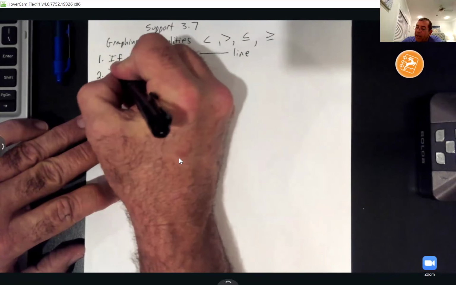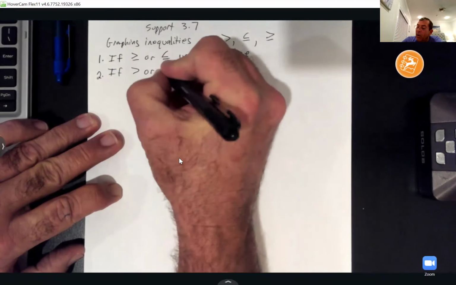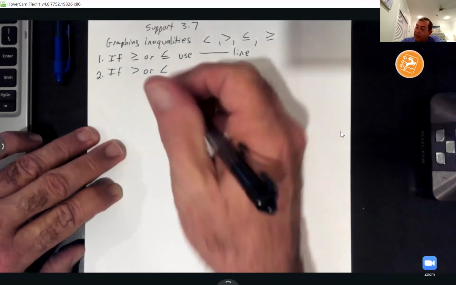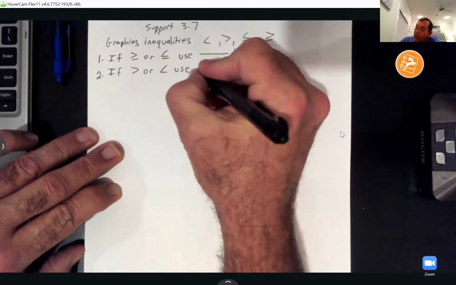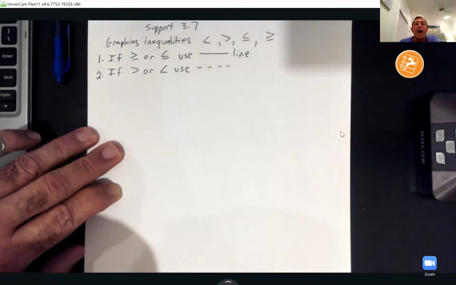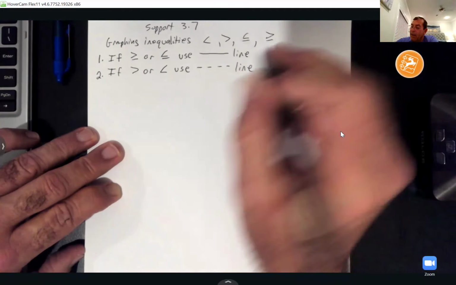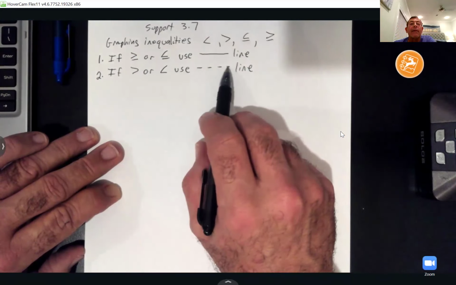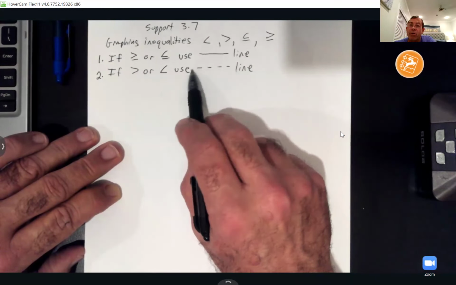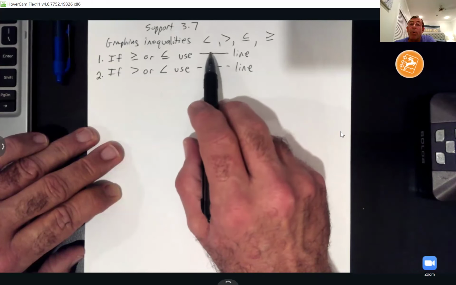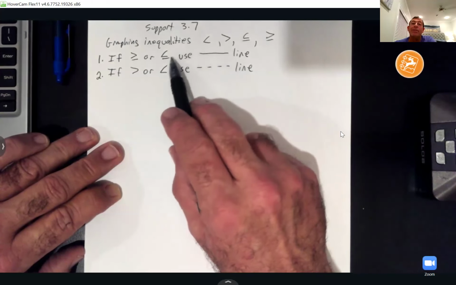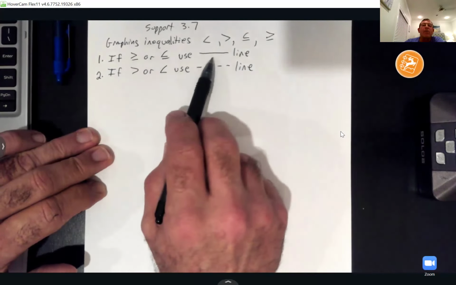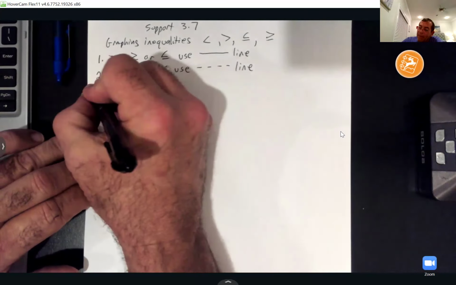What if it's just a greater than or less than? So notice there's not no equals on these. In that case, we're going to use a dotted line. When you use a dotted line, any point on the dotted line makes it false. It's not true, so that's why we use dots. It's true on this one with the solid line because of the equals, okay? So first of all, I figure out, do I want a solid line or a dotted line?